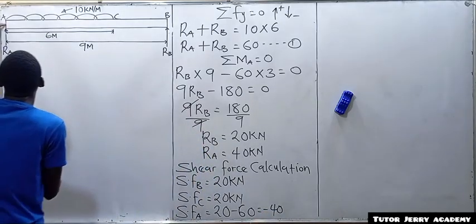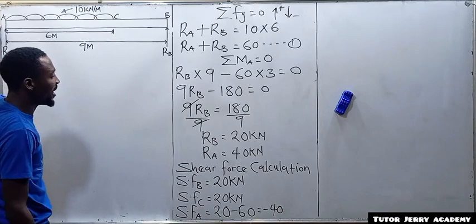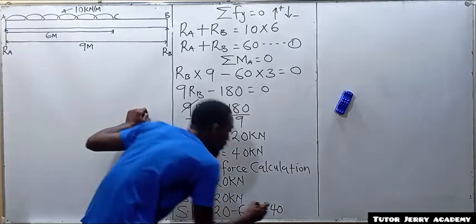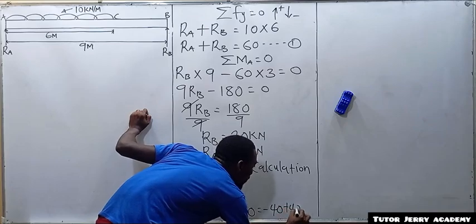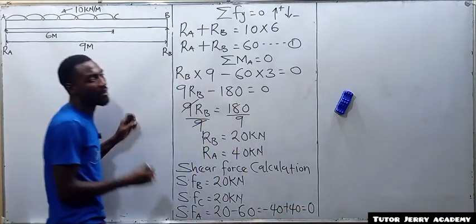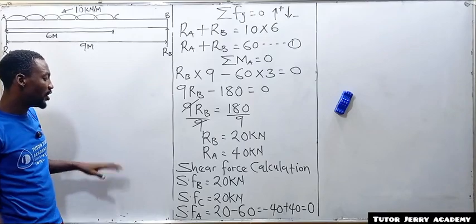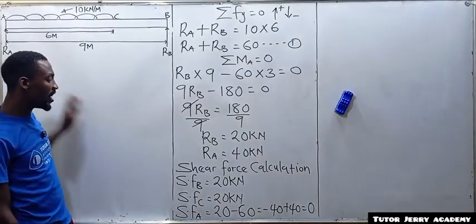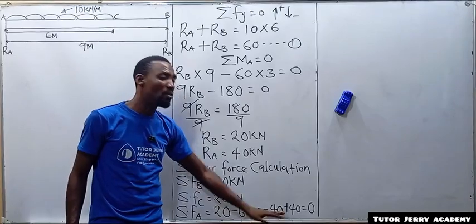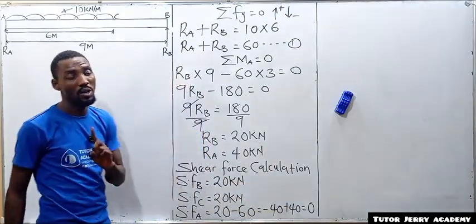Now, if you add the effect of the reaction at A to it, which is plus 40, everything will be equal to 0. So it means that the shear force at point A changes from negative 40 to 0. I hope you understand.